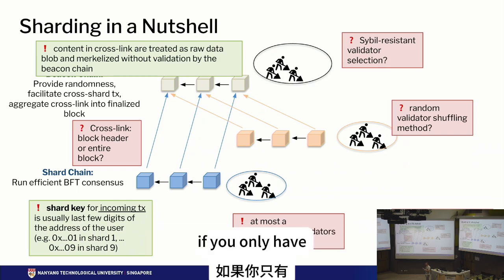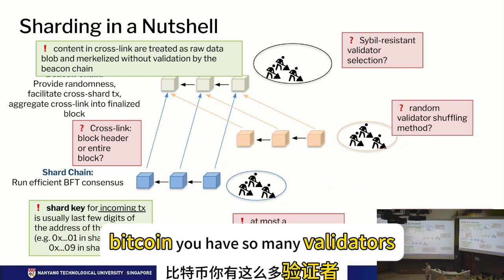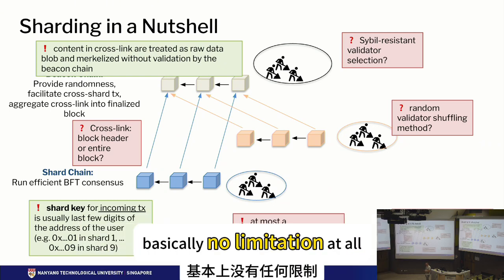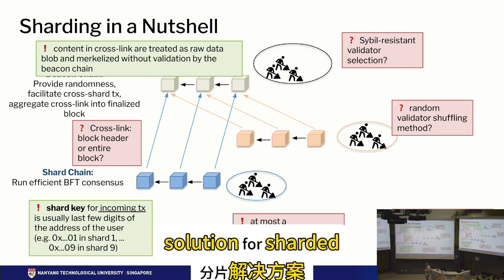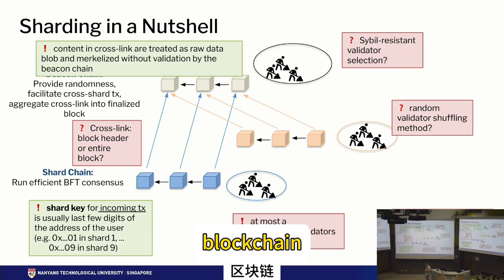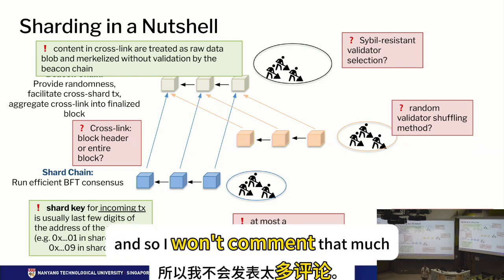If you only have 10,000 validators compared to Ethereum, Bitcoin, where you have so many validators, basically no limitation at all. Does this mean it's a little bit more centralized solution for sharded blockchain? Different people have different ideas. So I won't comment that much.